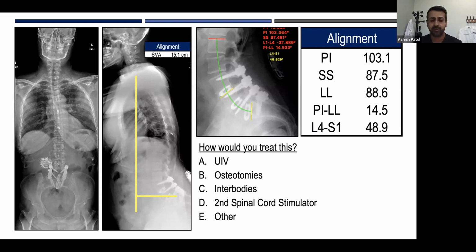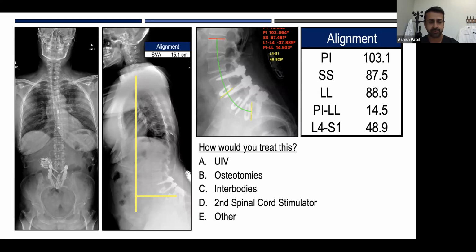Yeah, that's right. If you look at this, it's something I posted on LinkedIn. Another great thing on LinkedIn is that you can post difficult cases like this and see what sort of approaches people would use, and sometimes there's a bit of a consensus. If you look at the PI-LL, it's not terrible.